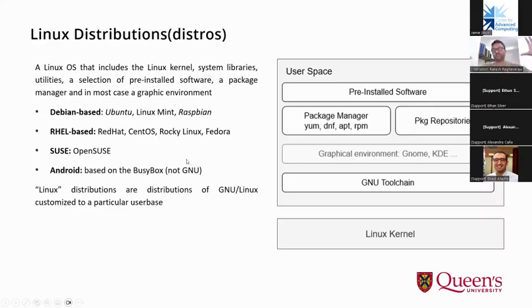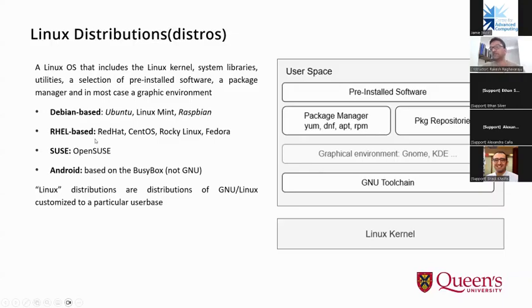If you see the various flavors of distributions of Linux, what they are is a particular Linux kernel, and on top of that, you have the GNU utilities with some pre-installed software, which are maintained in a repository by the distribution providers to cater to a particular user base.